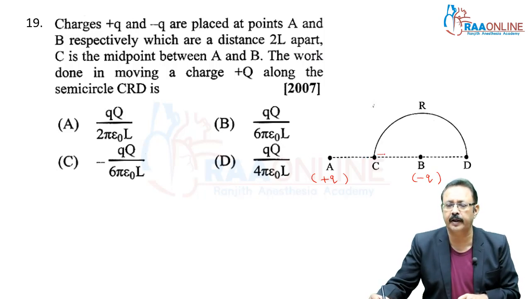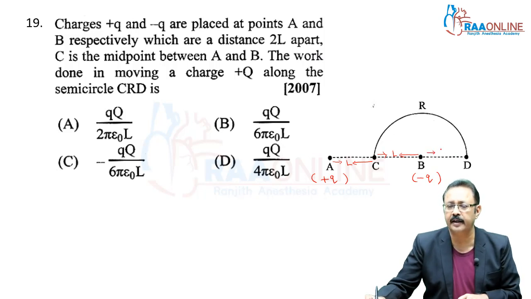They want to say the distance from C to B is L, and the distance from A to C is L. Since they are making an arc, this distance again should be L.